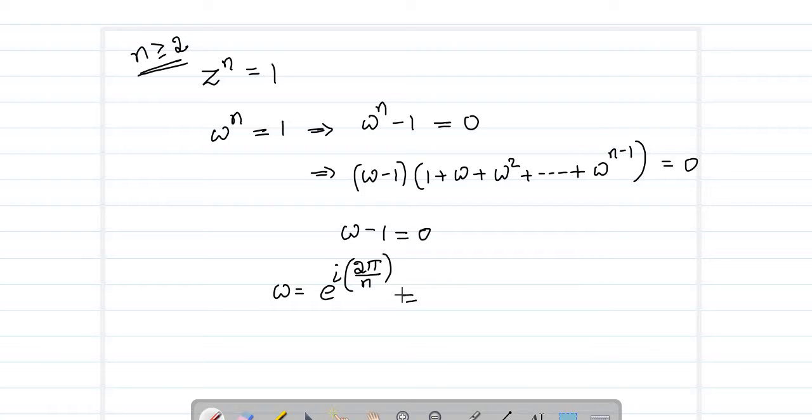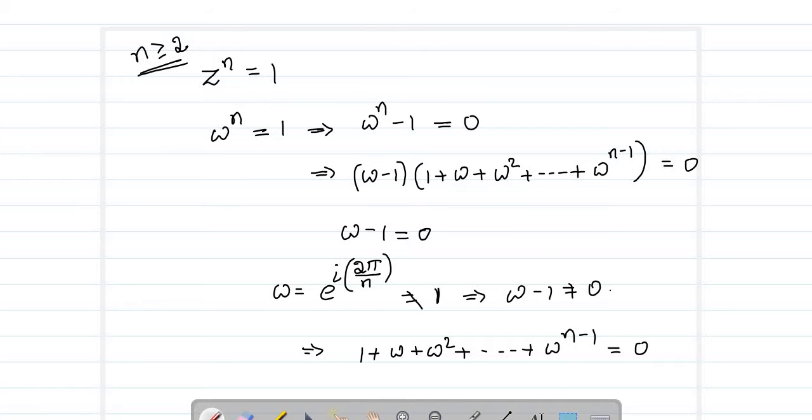In that case this omega is never equal to 1. So this implies omega minus 1 is not equal to 0. So then the other factor must become 0. So 1 plus omega square plus and so on plus omega power n minus 1 equal to 0.